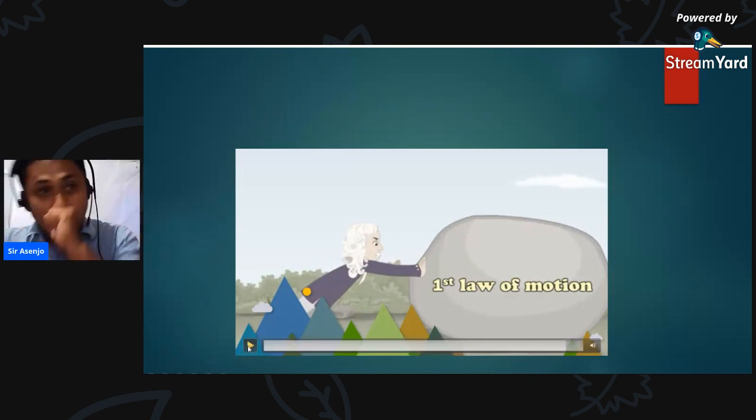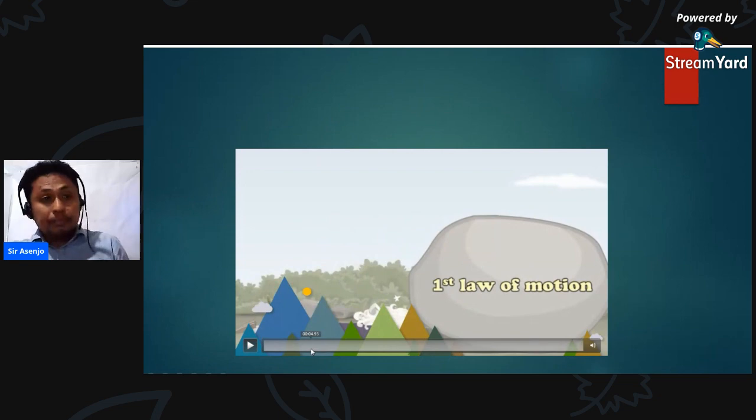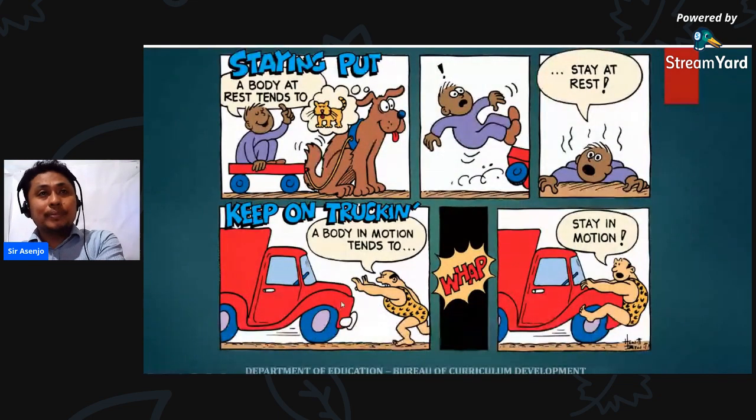All right. Okay, let's continue. Here are our illustrations which will help us understand Newton's first law of motion. In the illustration, you have a boy riding in a cart connected to a dog.